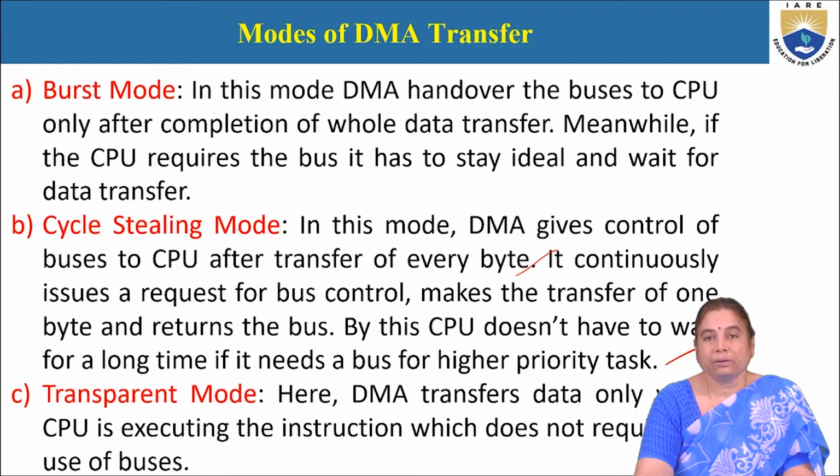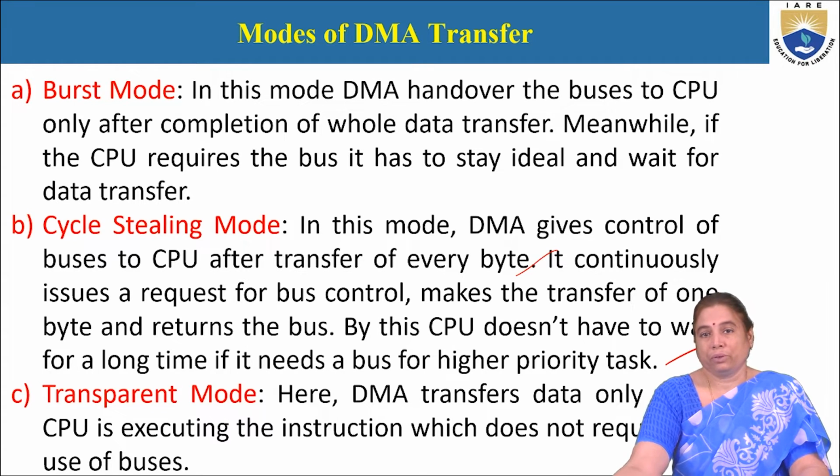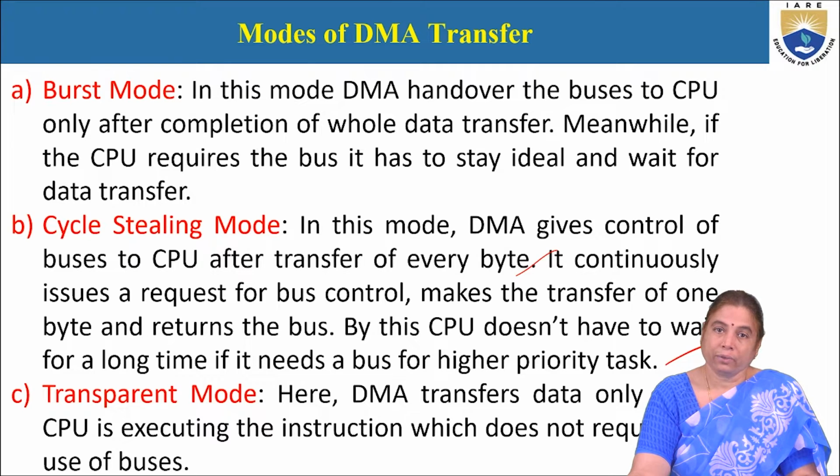This waiting time can be very high in case of burst mode. Why? Because until completion of data transfer, the burst mode does not release the buses. So if the CPU wants to execute a high priority task, it has to wait for the buses.